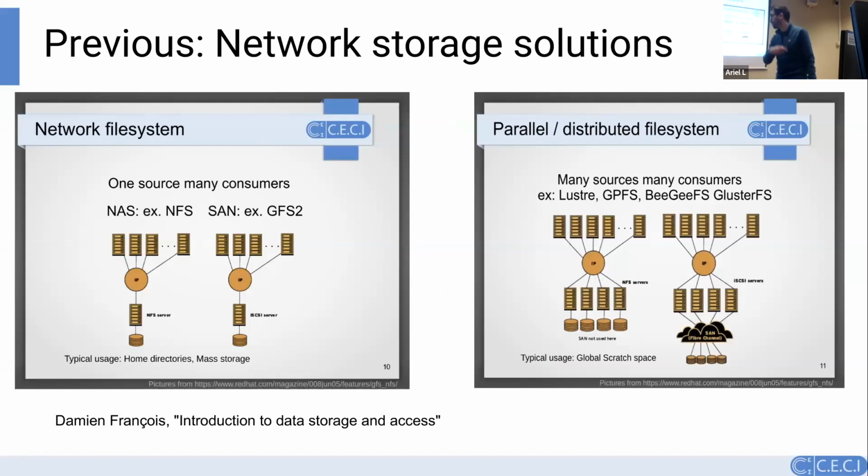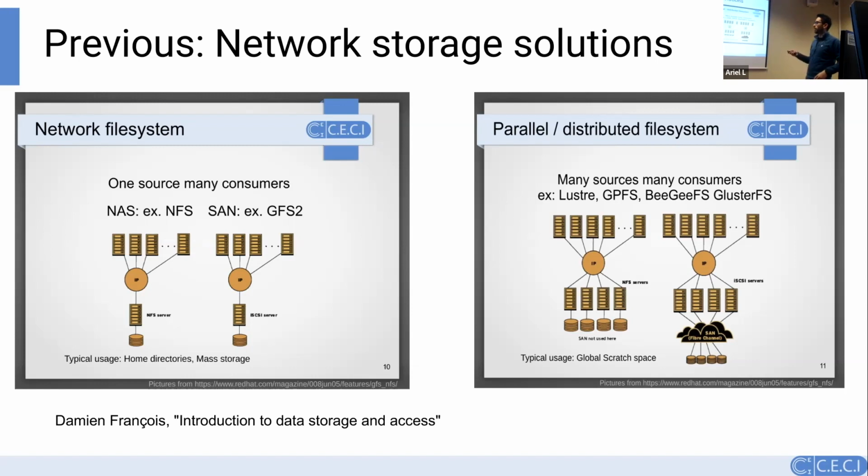Well, in the previous presentation this morning by Damian, among the different topics that he covered, he mentioned that for network storage solutions, we can divide it into two big groups without going into further details. In one group, we have a storage server that we can see as a single machine with a single network uplink.